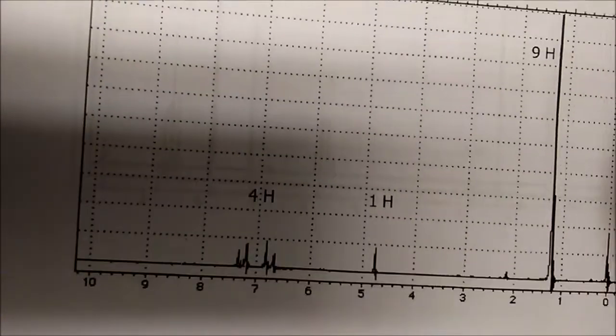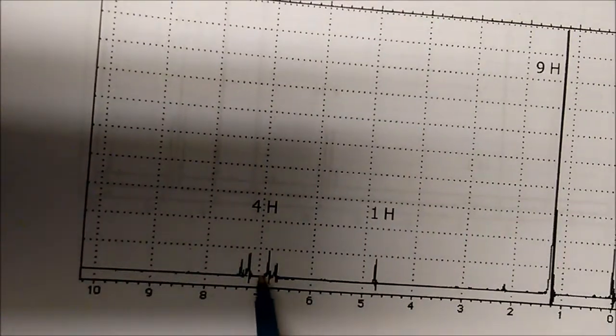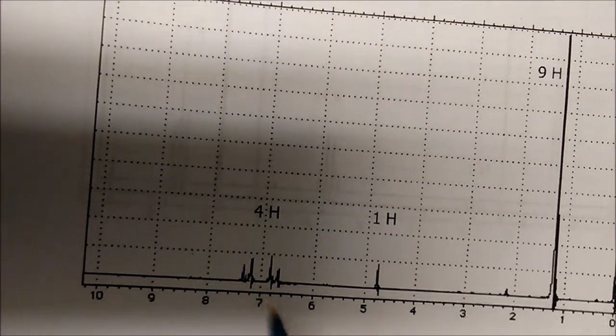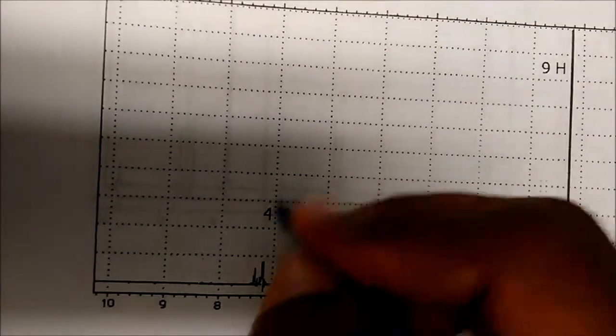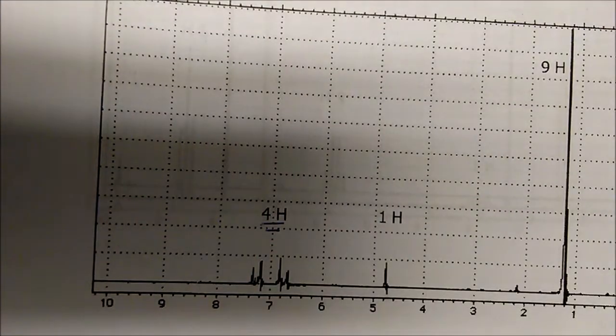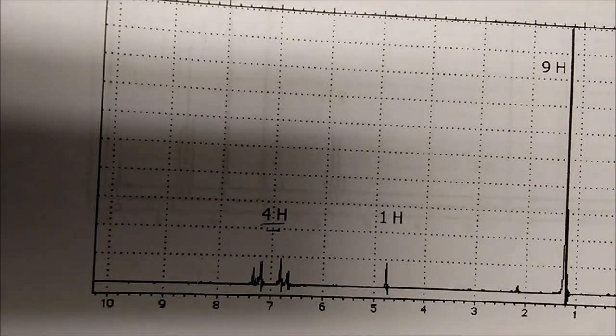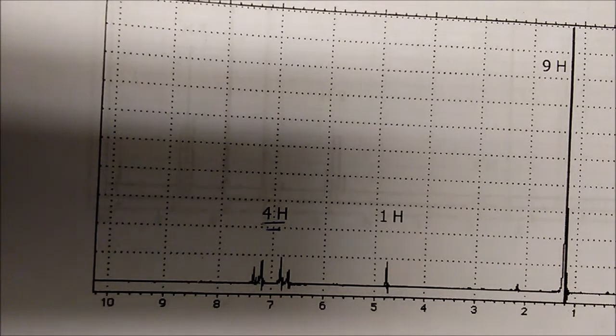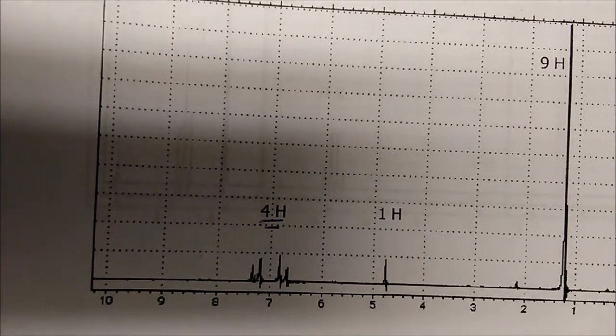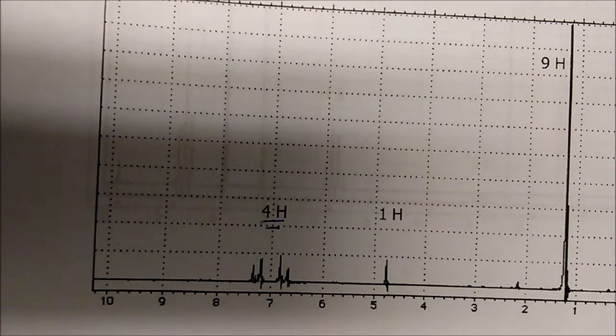I see around 7 parts per million, and these are given in parts per million, a multiplet with an integration of 4 hydrogens, which means I have 4 hydrogens there. Whenever you see a multiplet splitting pattern around 7 to 8 parts per million, that's usually associated with a benzene ring.